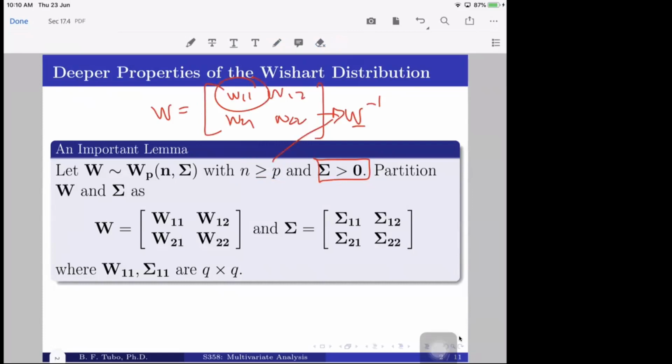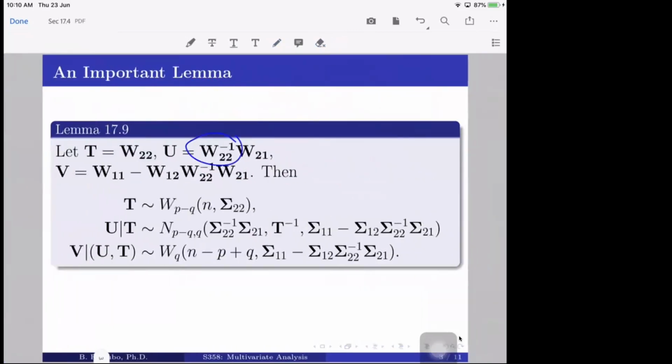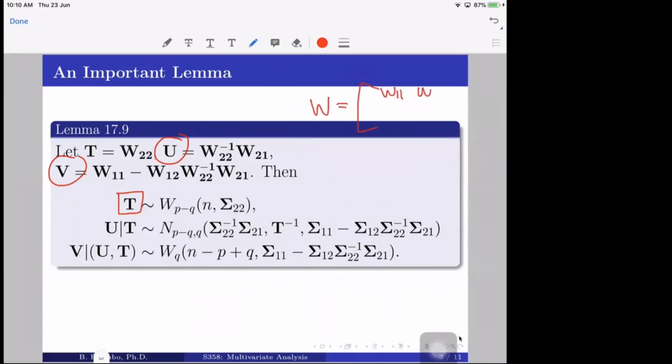And the notation of Arnold will be in terms of U and V. Now, this lemma tells you that, okay, let me go back to this.